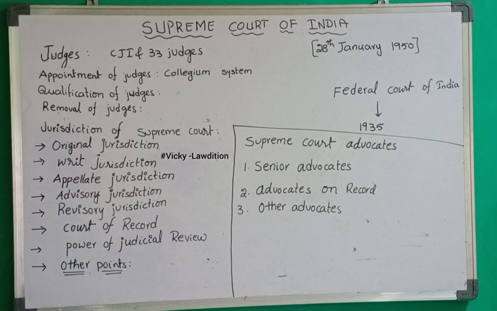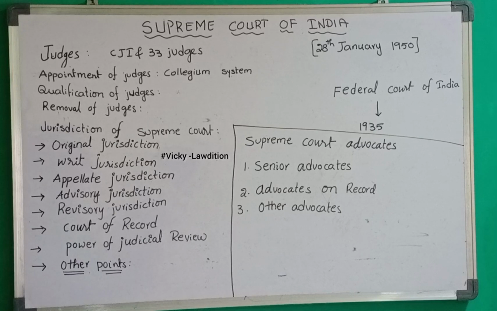The Chief Justice and other judges hold office till 65 years of age, can give resignation to the President, and can be removed by the President on the recommendation of the Parliament. After retirement, a judge of the Supreme Court cannot plead or act before any authority.